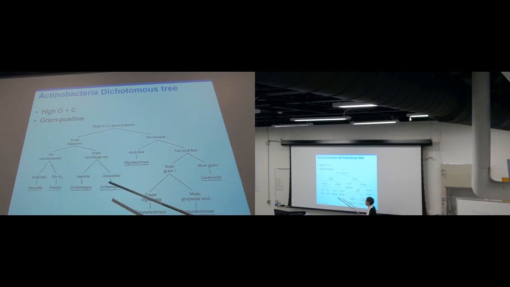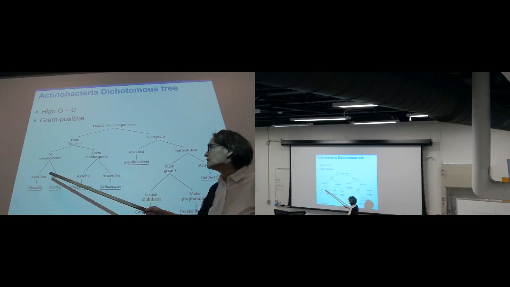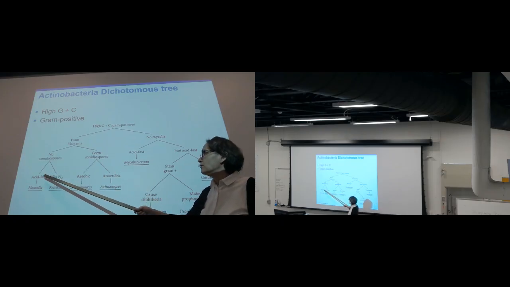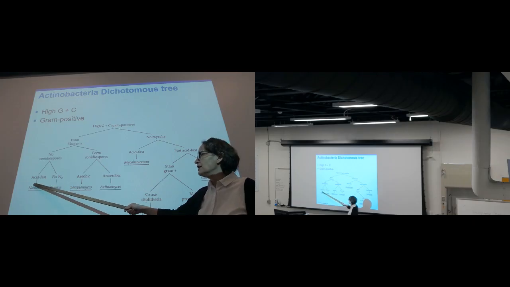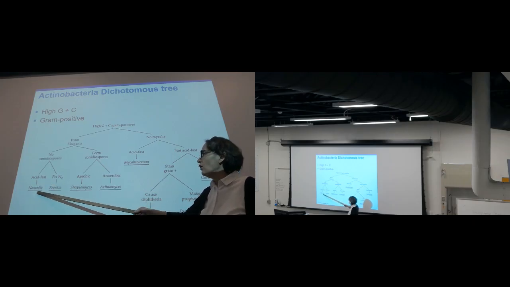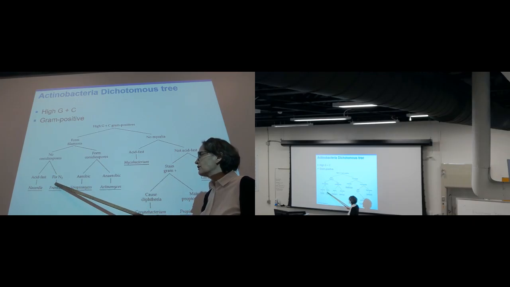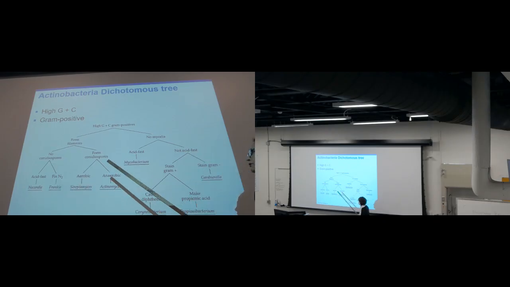Conidiospores is just a form of growth of these spores, just like the conidiospores that you saw in the Myxococcales. For those that don't form conidiospores, they can be acid-fast, like Nocardia, or they can fix nitrogen, like Frankia. For the ones that form conidiospores, they can be aerobes or anaerobes.